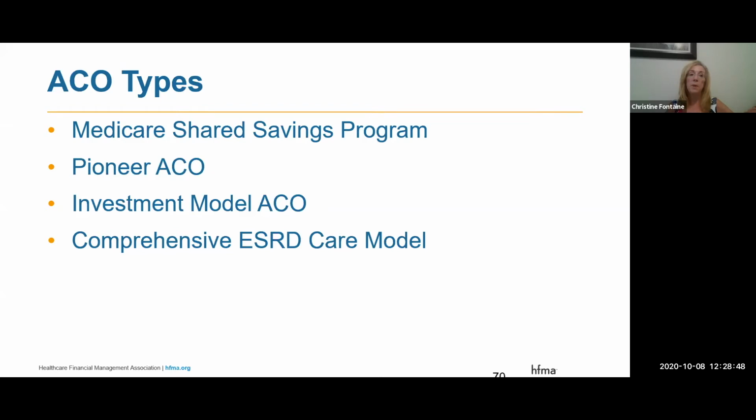An investment model was an initiative designed for organizations participating as ACOs in the MSSP program. It is a model of prepaid shared savings that builds on the experience with the previous advanced payment model. And then ESRD is obviously intended to design the best care model for patients that are at end-stage renal disease.